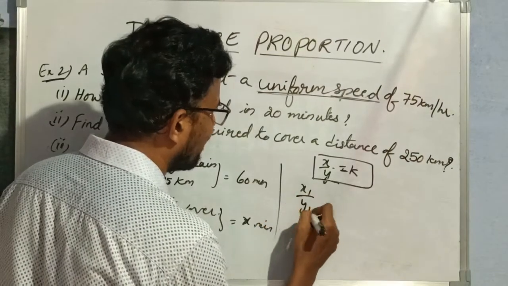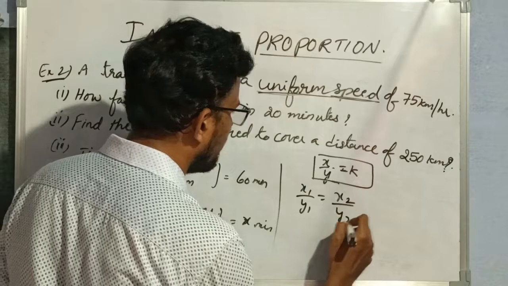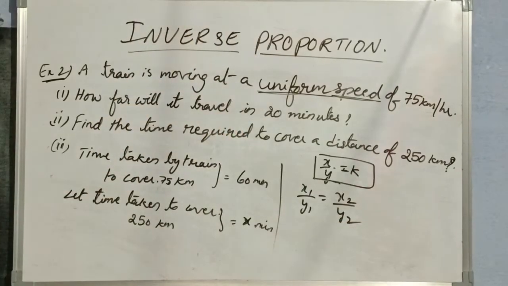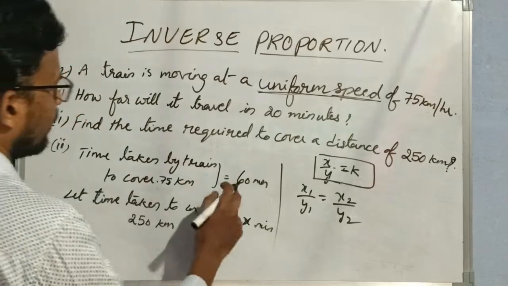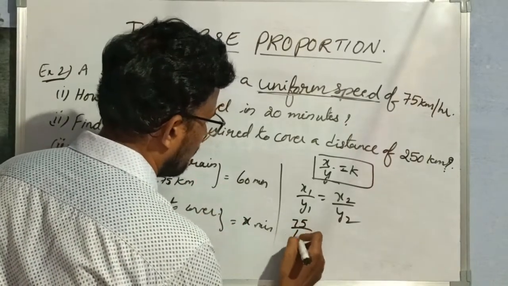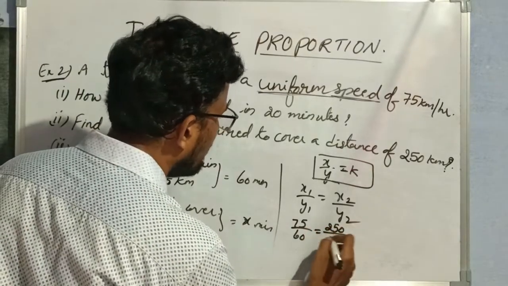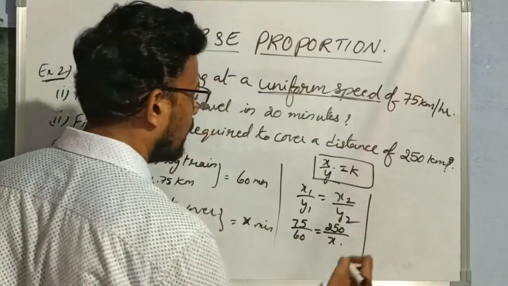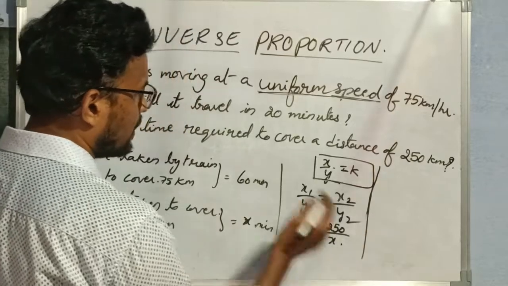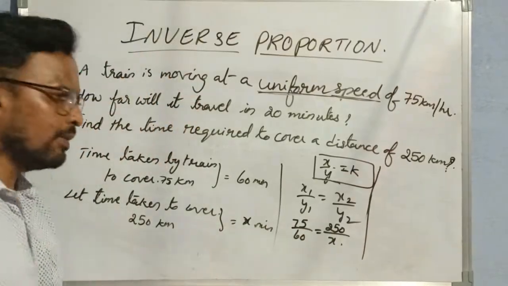So x1 by y1 is equal to x2 by y2. That is the meaning of x by y is equal to k. So x1 by y1 means 75 by 60 is equal to 250 by x.